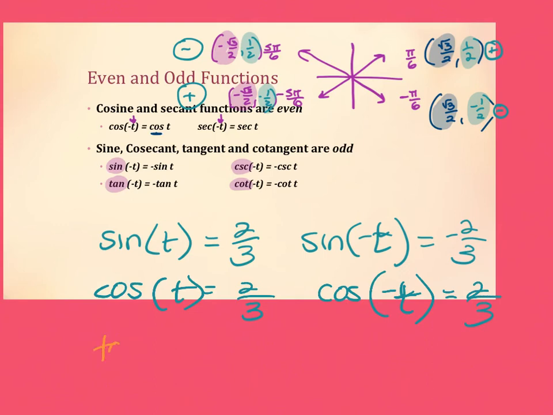Tangent of an angle changes. So sine and tangent and their reciprocal functions change, but cosine does not. This is going to come into play now and then when we get to verifying trig functions. So even and odd are important.